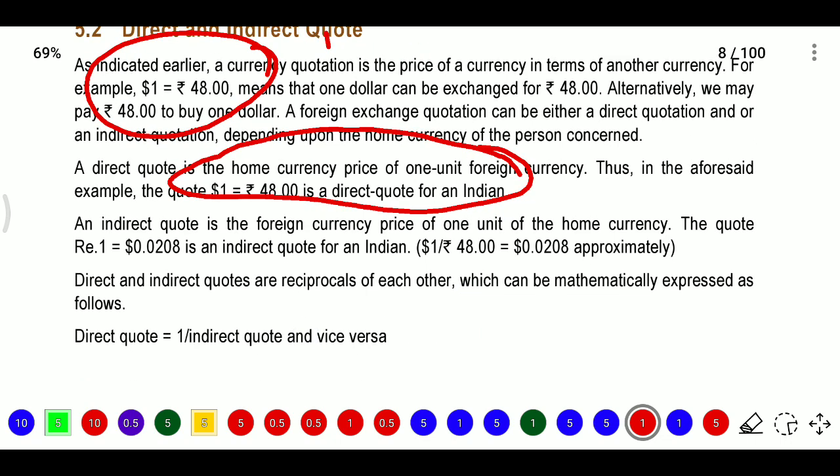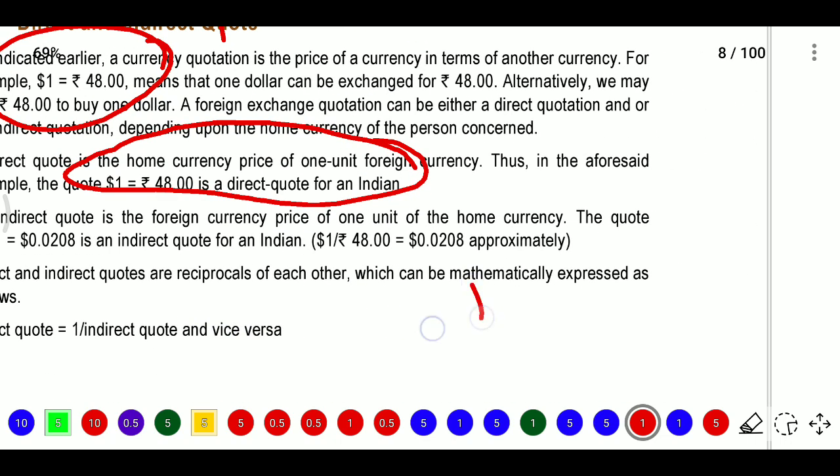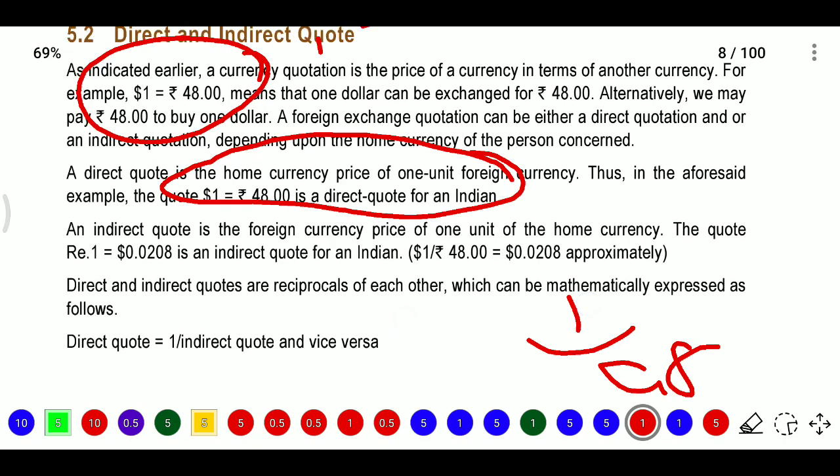Whereas indirect quote means 1 divided by 48. Indirect quote means foreign currency price of 1 unit of own currency. The quote will be 1 rupee is equal to 0.0208. How do we get 0.0208? By dividing 1 by 48.